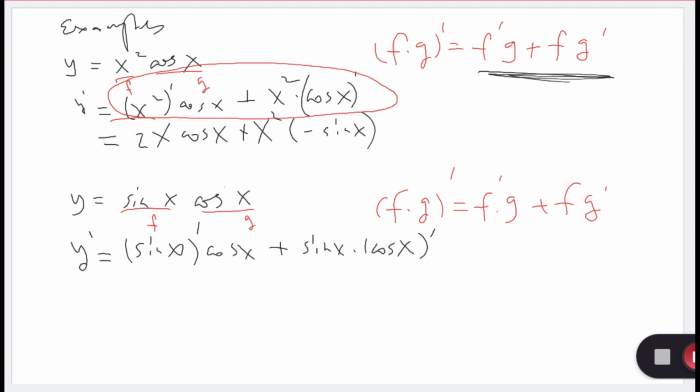Right now, of course, it's important to do this, like I emphasized, just to ensure we're doing it right, even though it's simple. There is a more important reason we are setting up first. Later on we're going to see products that are much more complicated than simply x squared times cosine or sine times cosine.